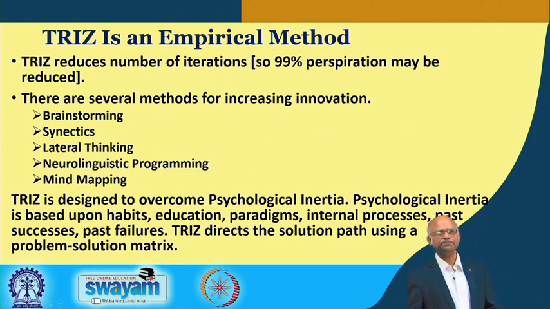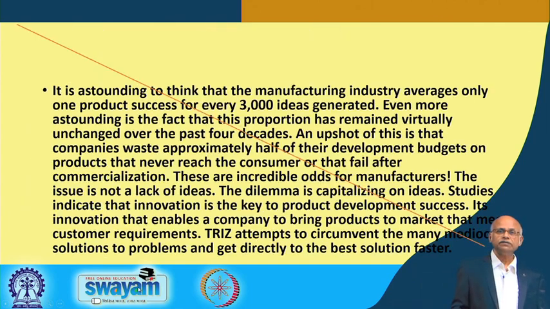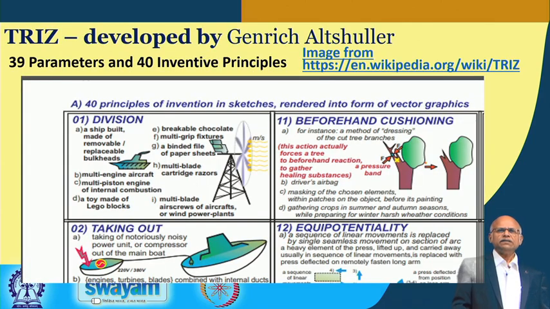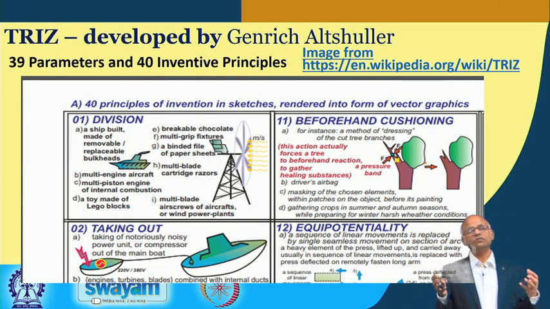So, we will move forward. There is this challenge of idea getting into product. People say that 1 out of 3000 ideas eventually sustains till you develop a product. Then 1 out of maybe 5, 6, 7, 8 products becomes successful.